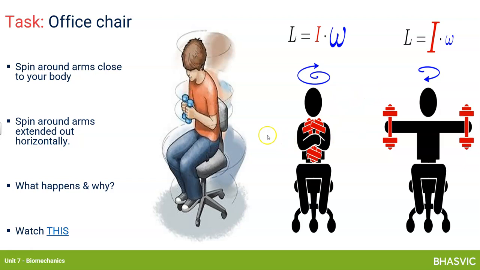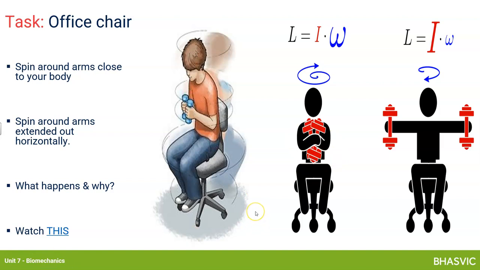If you suddenly stuck your arms out, what you're doing is distributing the mass further away from the longitudinal axis, which increases the moment of inertia, big I, and slows your angular velocity, small omega. So the distribution of mass very, very much influences velocity or angular velocity, your spinning speed.